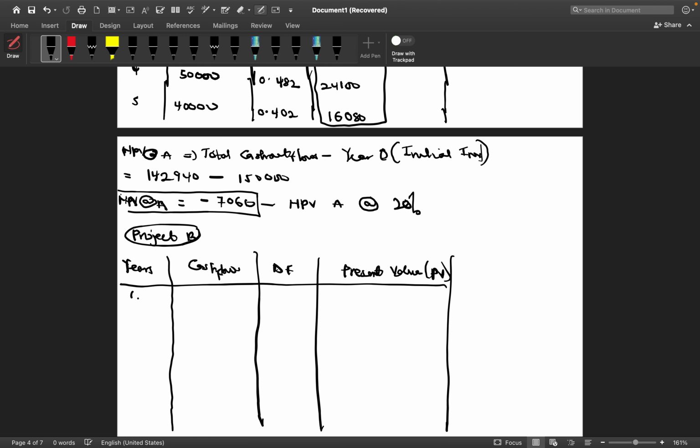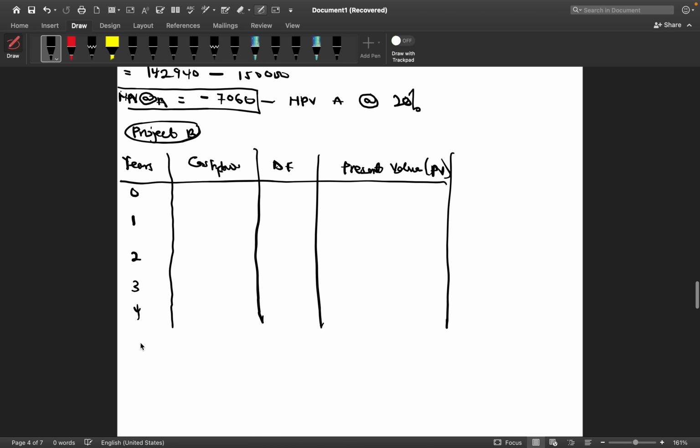So I have year 0, year 1, year 2, year 3, year 4, and year 5.